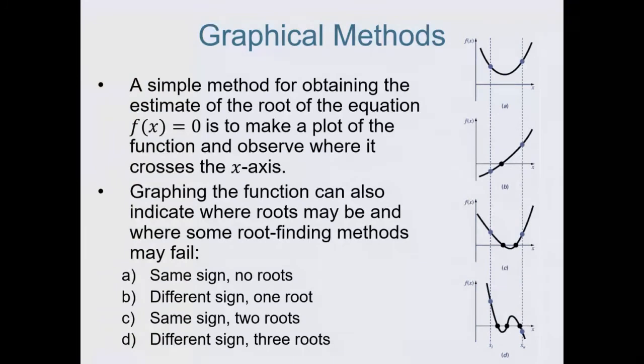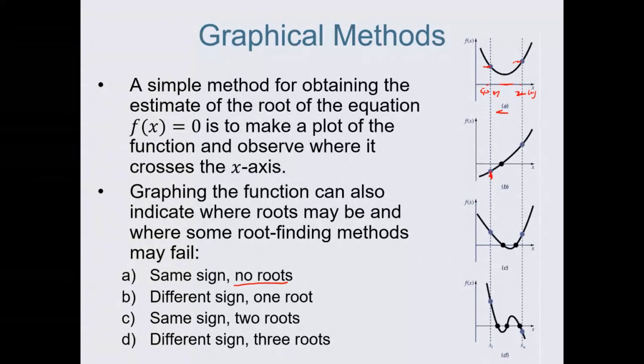Now, if you have a plot like this, as we have in figure A, where the function sign is the same on the interval where you are looking, let's say this was the 50 kg and this was the 200 kg, whatever limit that we have taken, and we found that the function sign is the same on both the limits, then this means that there is no root in this interval. Why is that? Because we can see that it has not crossed the x-axis. So we don't have a root in this interval.